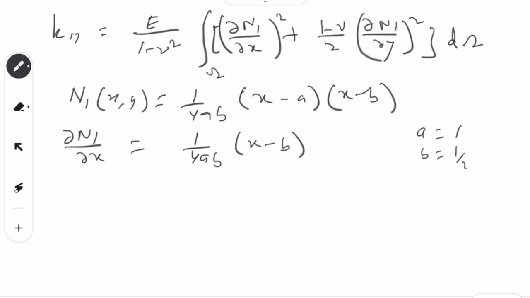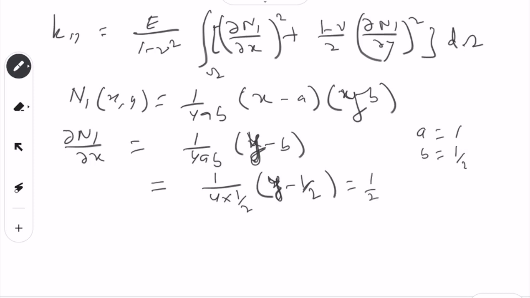This is because the length is 2a, which is 2, and the height is 2b, which is 1, so b is half. Putting these values here, we get 1 over 4 times half, times y minus half, which equals 1 over 2 times y minus half.